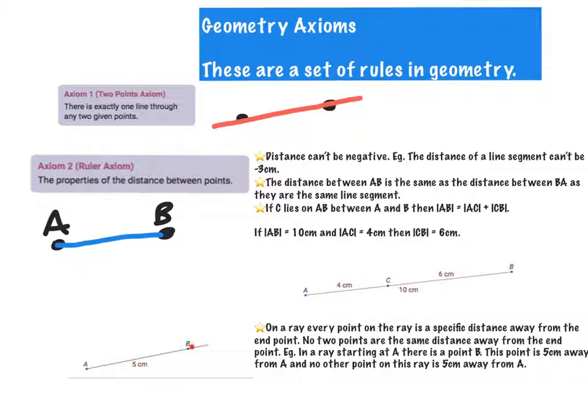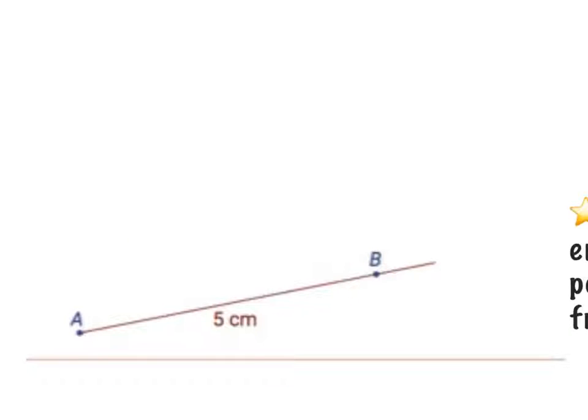This point is 5 centimeters away from A, okay? And basically all they're saying is that no other point on this ray could be 5 centimeters away, okay? So if I had a point here, or here, or here, none of those points would be 5 centimeters away from A, okay? Because only this point here, B, is 5 centimeters away from A.